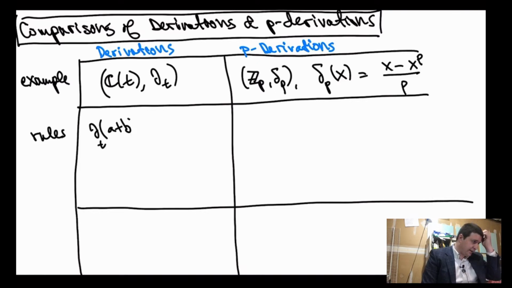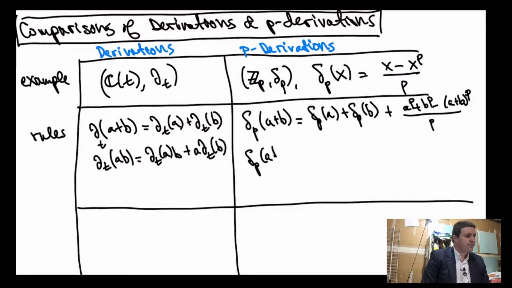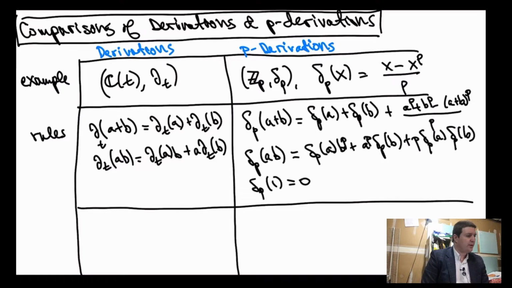So what are the rules here? Just like we have a product rule and a sum rule, there is a product rule and a sum rule for p-derivations. That's one of the key ingredients of this business, that you can express derivatives of sums and derivatives of products as polynomial expressions in the lower order derivatives of the two inputs.